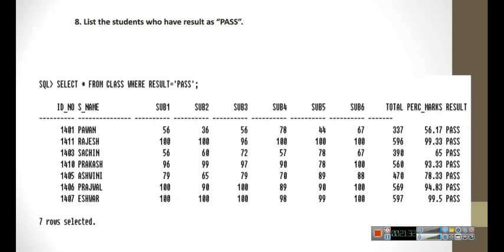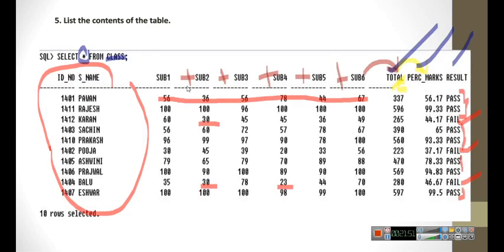Next is, now we have to list out the pass students whose result is passed. For that also we are going to use select star, as all the students, star means 0 or more. Select all the students from class where result is equal to pass. That is nothing but the result column; all the students who have passed, those particular students have to be listed.